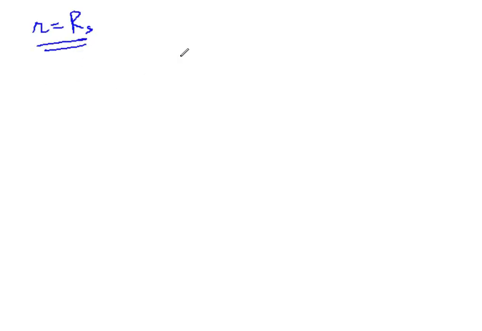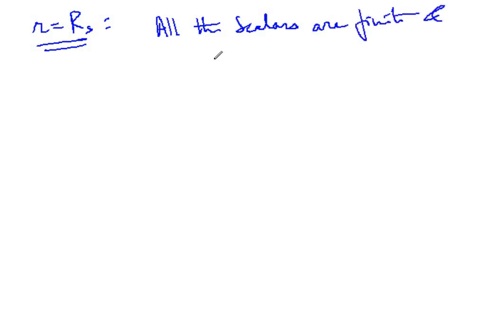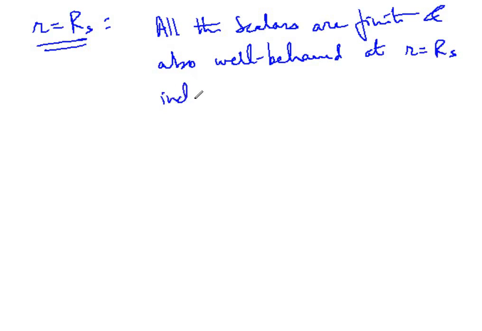Now, you see, all the scalars are finite and also well behaved at this r is equal to rs, including the Kretschmann scalar.